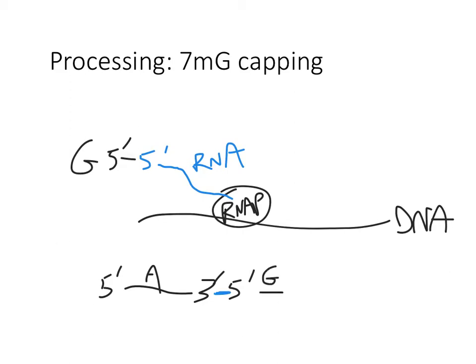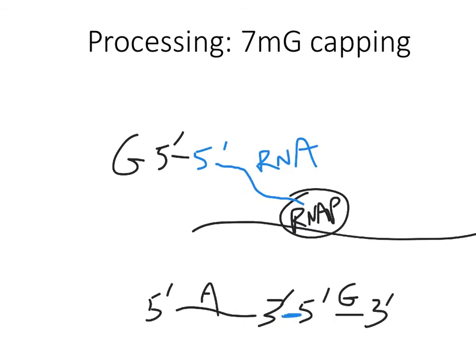Say it's a G. So nucleotides have 5', 3' linkages. This is the only exception: there's a specific enzyme, which you don't need to know the name of, that adds a version of G which is methylated on carbon 7. 7-methylguanosine gets added, its 5' end links to the 5' carbon of the first nucleotide in the RNA.